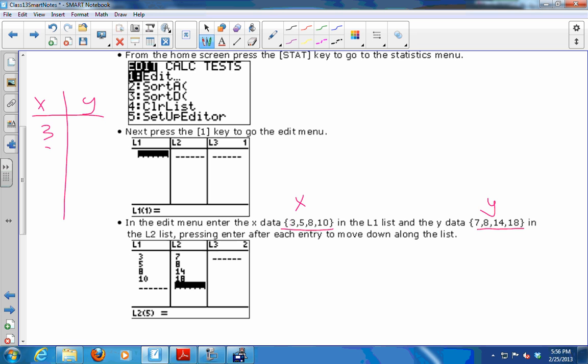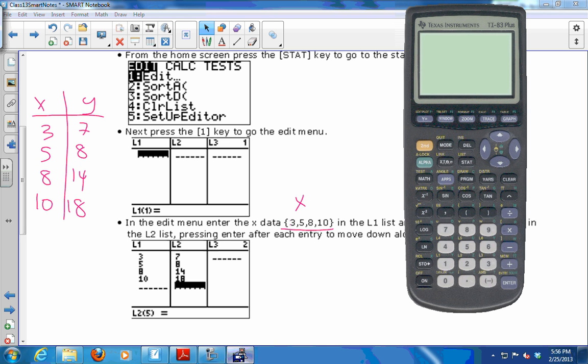X is 3, 5, 8, 10, and Y is 7, 8, 14, 18. So we're going to go through all the steps of how to get the scatter plot, the line, the graphs, and the R value.